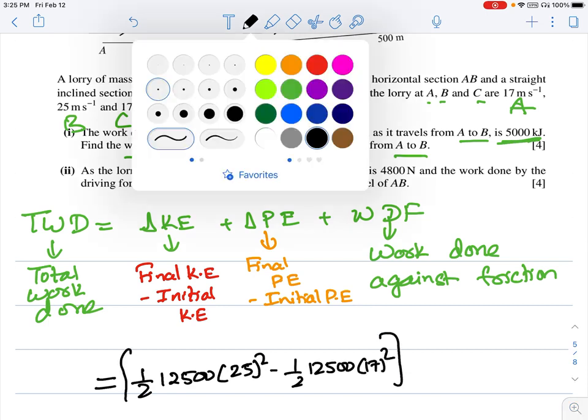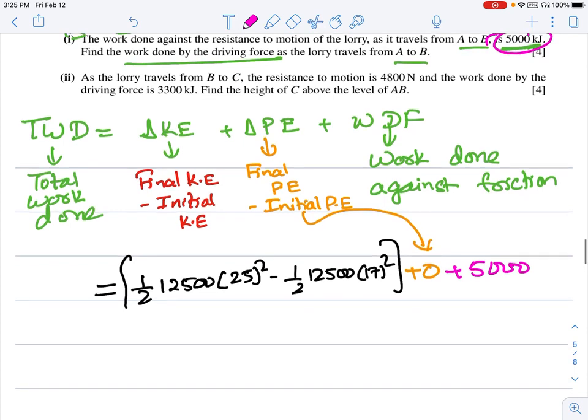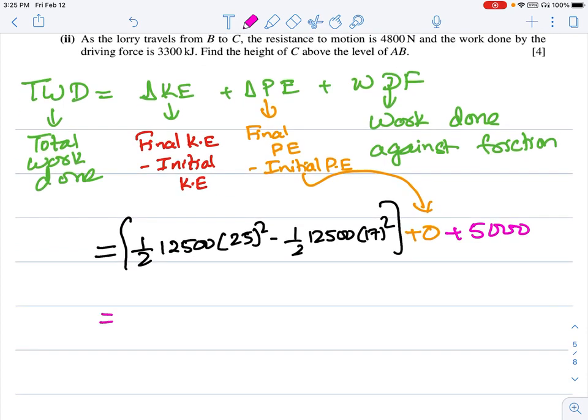Then delta PE will be 0 because it is moving on a straight line. There is no change in the potential energy. Then work done against the friction has been given in the question as 5,000. So plus 5,000. When I simplify that, I will be getting 7,100 kilojoules. That's going to be the total work done.